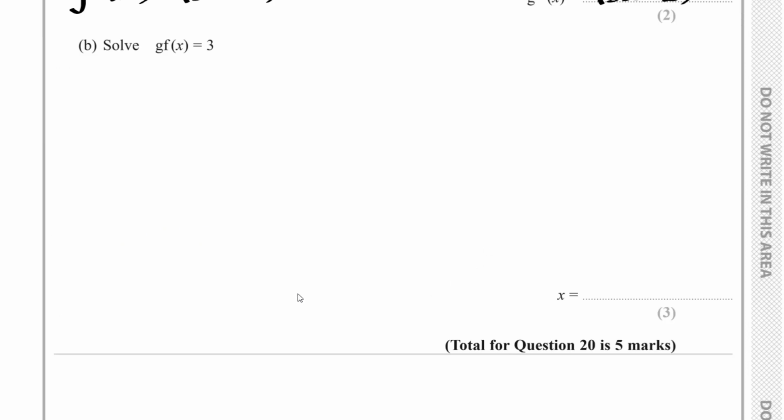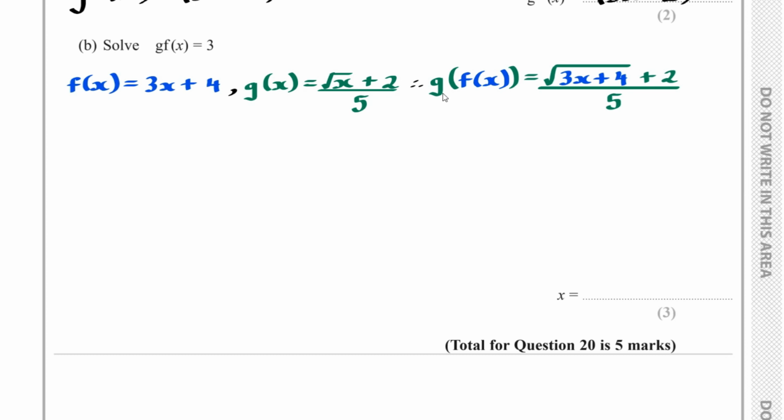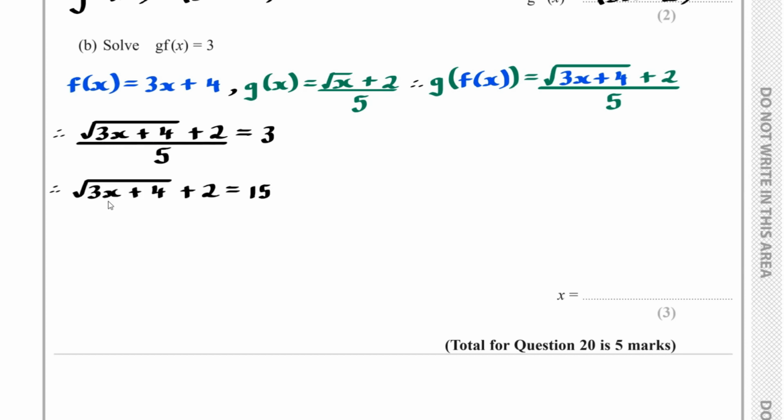Part B, we have to solve g of f of x equals 3. We've got f of x equals 3x plus 4, and g of x which equals square root of x plus 2 over 5. So therefore g of f of x is equal to the square root of 3x plus 4 plus 2 over 5. So now I need to set this equal to 3.